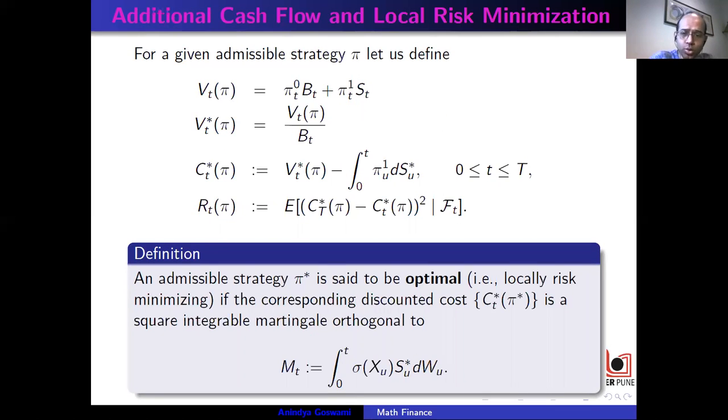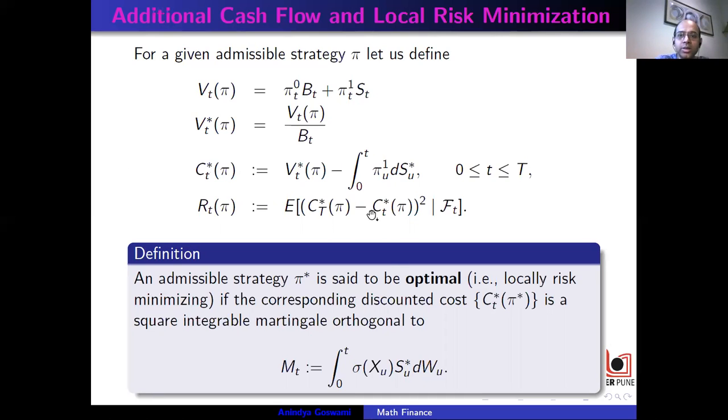So why is it so? What is the motivation behind it? The motivation is that the best you can do to replicate the claim, you do. What you cannot replicate, that part only you inject. So if C is the cash flow which you could not have generated by the investment, then it should be independent.